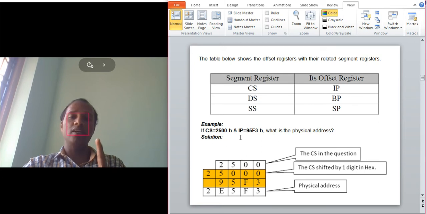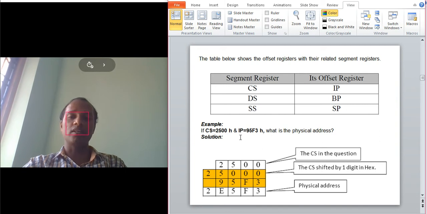First, find out the segment register and the corresponding offset register that we are using for that segment memory. In the second step, we take the segment register value and shift it 4 times towards the left, or multiply that segment register value by 10.